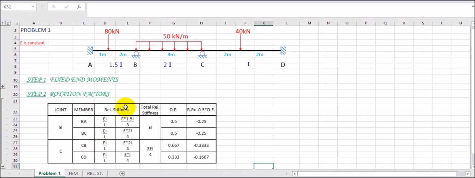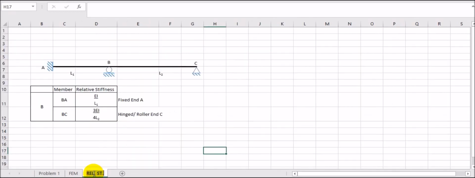The third column is relative stiffness. If you're new to this concept, I'll shortly explain which formula is to be used where. If you have done the moment distribution method, you might already know which formula to use, but if you have not, don't worry. We'll see a short example for relative stiffness.